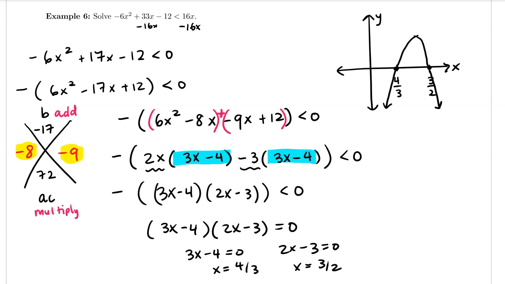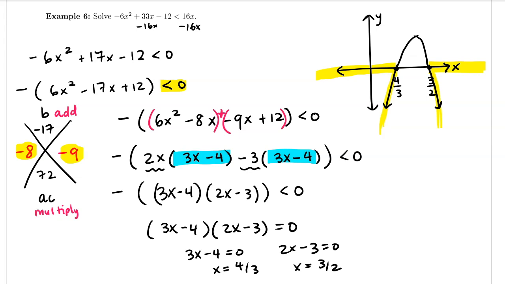And right now I am looking for when my parabola is less than 0, in other words, when it is below the x-axis, and that's happening here and here. In other words, on my x-axis, or my number line, that's taking place everywhere before 4/3 and everywhere after 3/2.